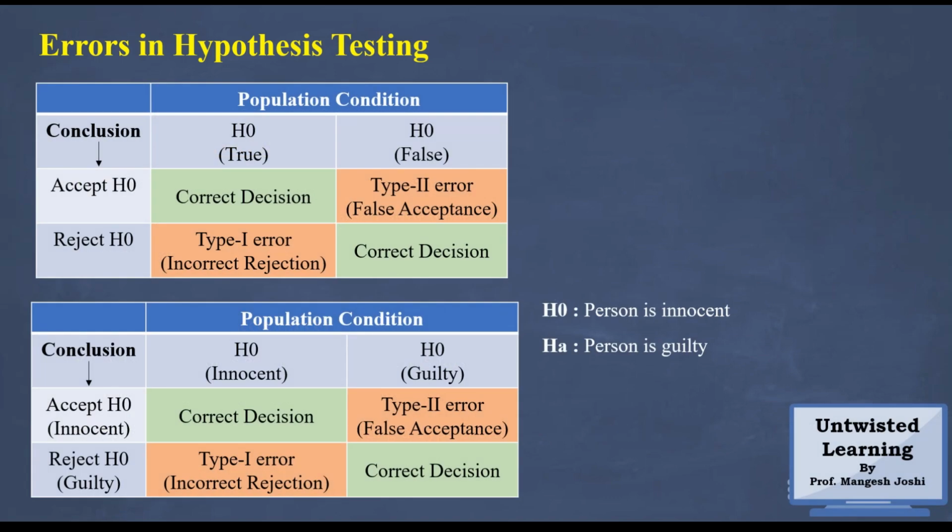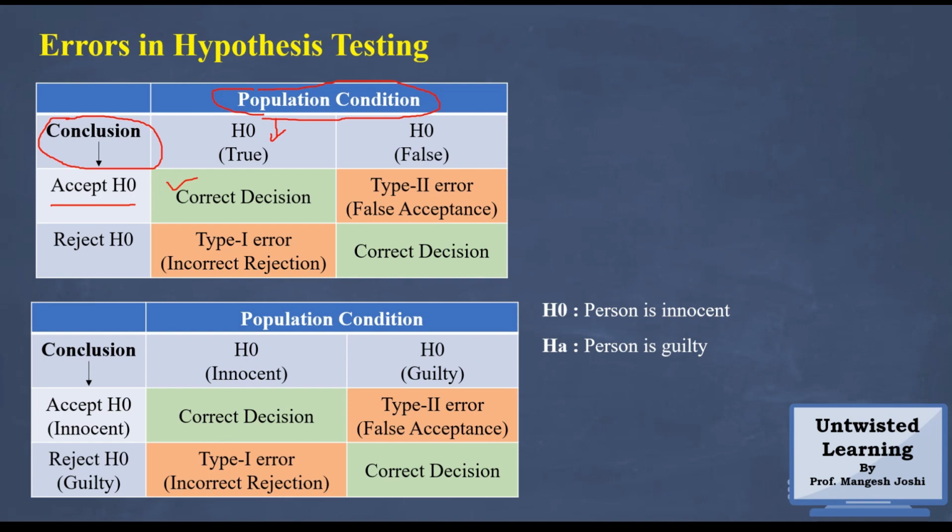Now let us understand this with the help of an example. So suppose on this side is the population condition, and this is your conclusion after doing hypothesis testing. If H0 is true as per the data, and you conclude that H0 is accepted, then you have reached the correct decision.